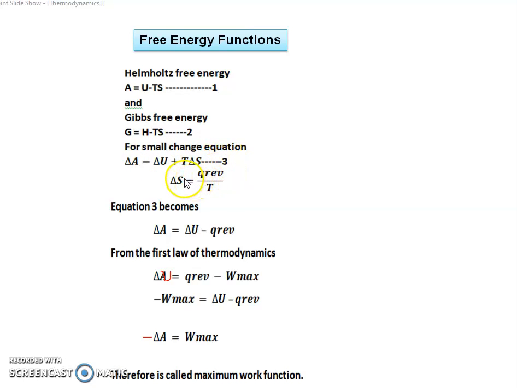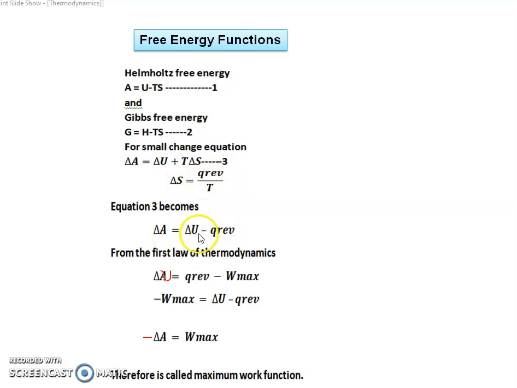But you know that the change of entropy, delta S, is equal to Q reverse upon T. So T delta S is equal to Q reverse.